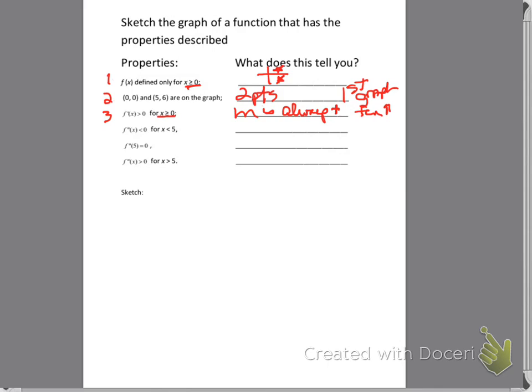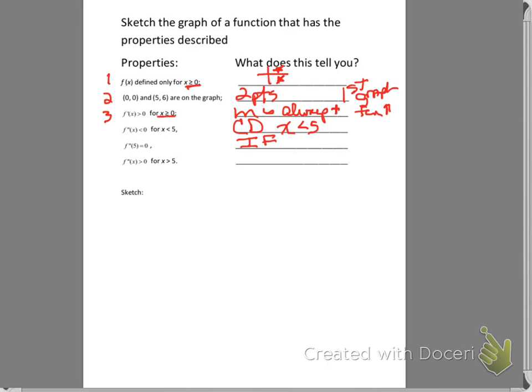Okay, the second derivative, f double prime of x, is less than 0 for x less than 5. So I am concave down where x is less than 5. My second derivative is 0 at x equals 5, so I have an inflection point there.